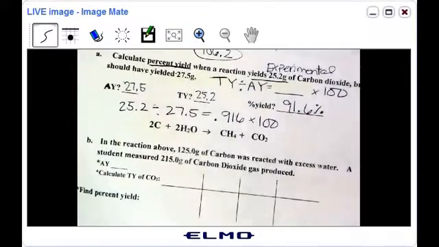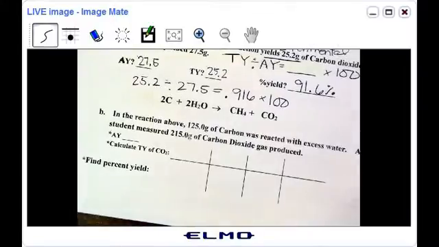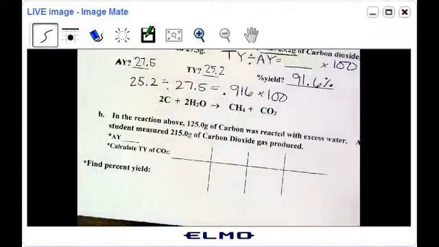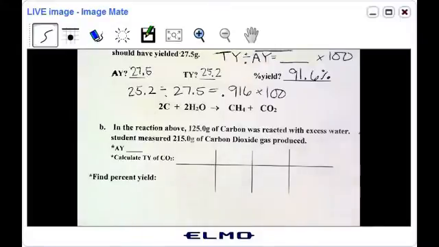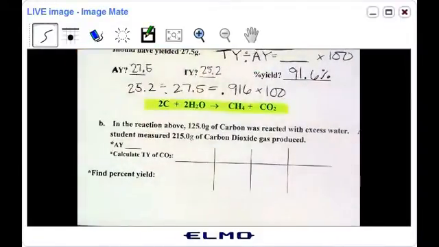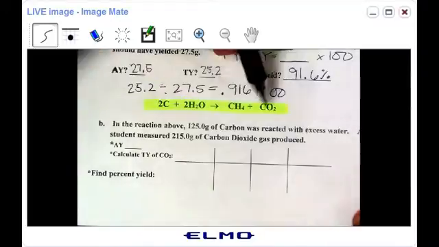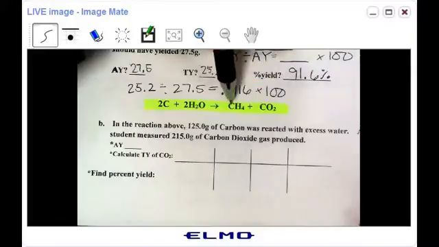Okay, let's solve for the problem below. Make sure the chemical equation they give you is balanced. I have 2 carbons over here. It looks like I only have 1 carbon, but count this carbon too.